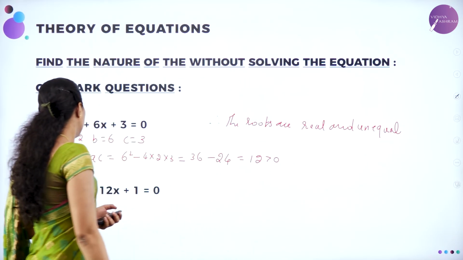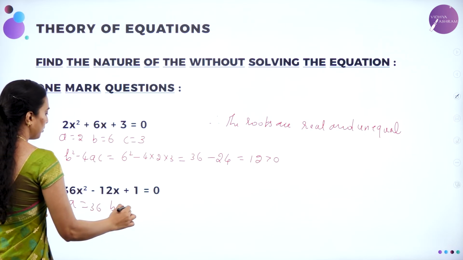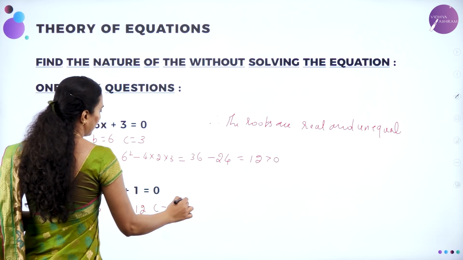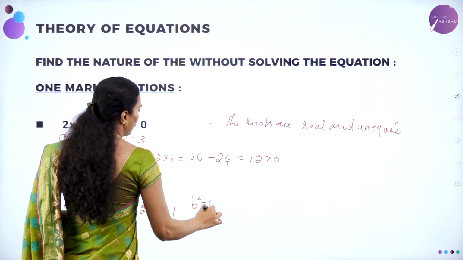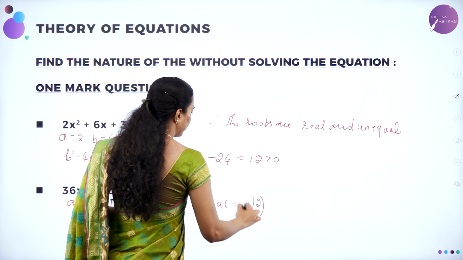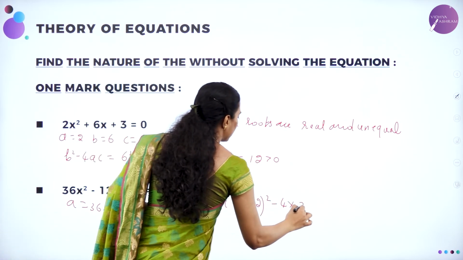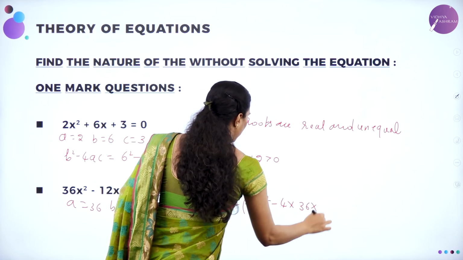Okay, so let me solve this one by comparing a equal to 36, b is equal to minus 12, c is equal to 1. What is b squared minus 4ac? Which is b squared, minus 12 whole squared, minus 4 into a is 36, into c is 1.